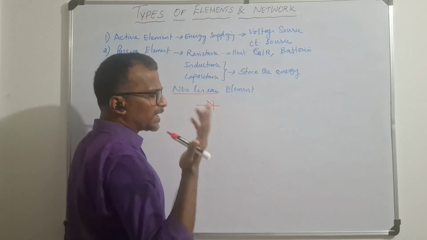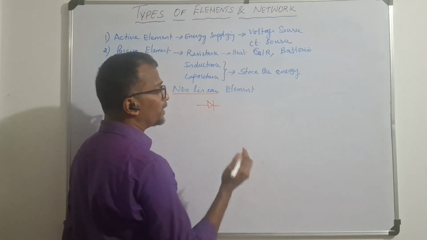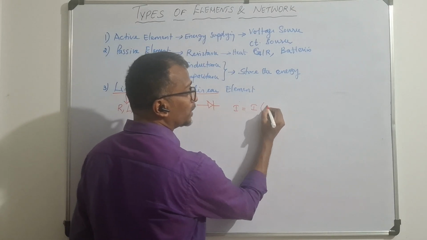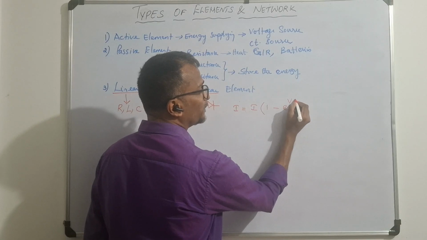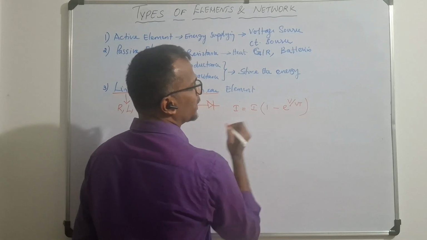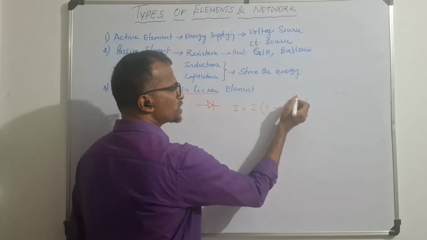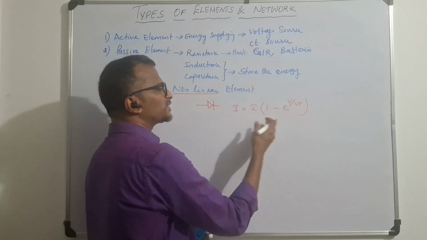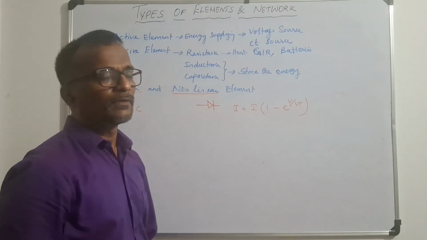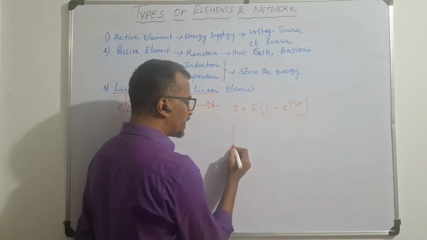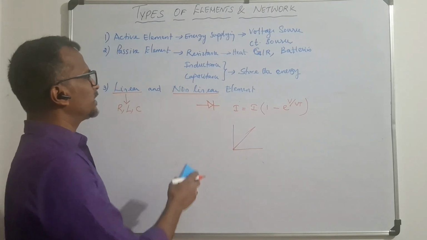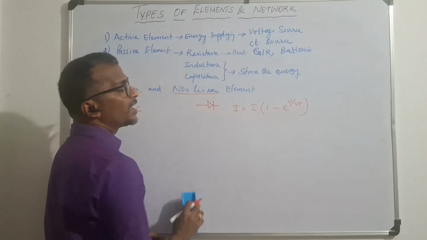I hope you can remember, the current flowing through the diode is equal to some magnitude into 1 minus e power v by vt, like that, right? So it will vary exponentially. So we cannot predict it like a linear relationship. That's why this is called as non-linear element.